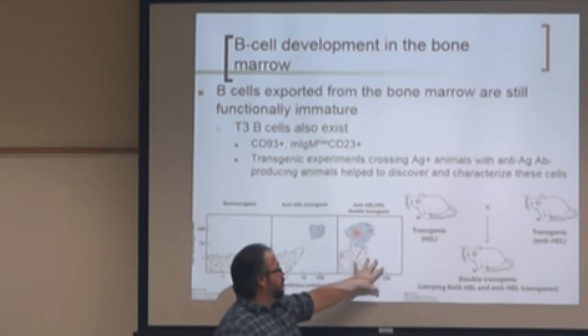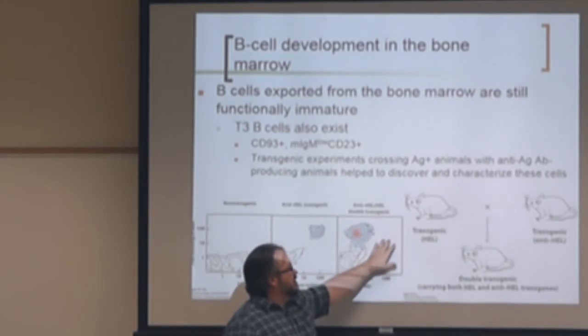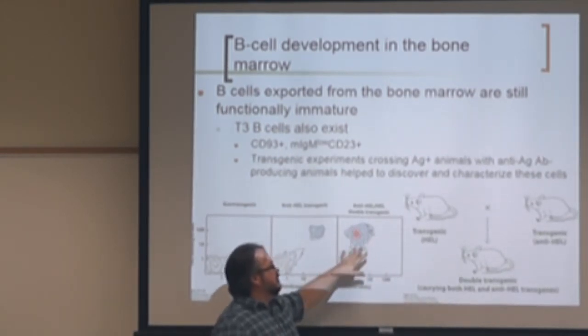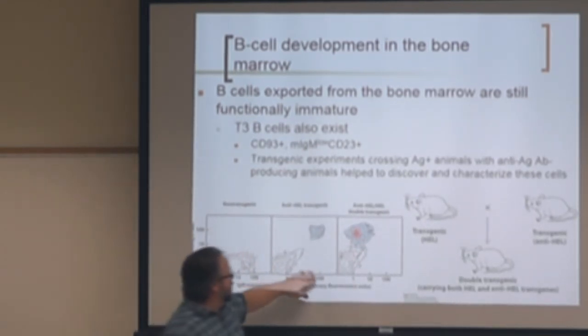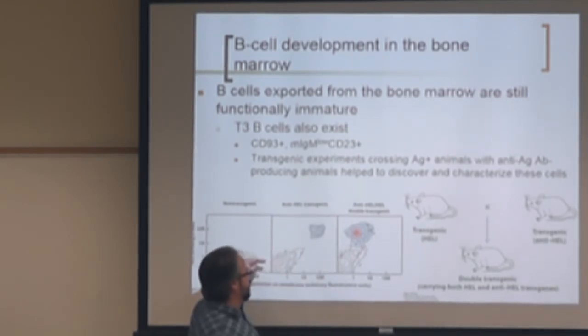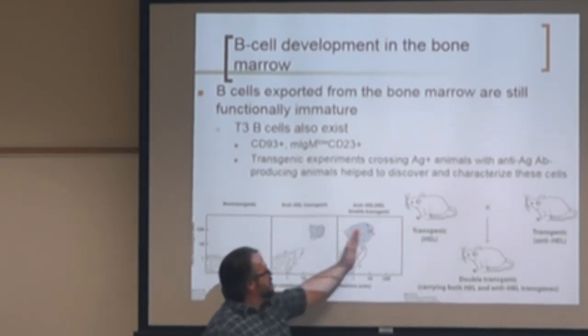Whereas if this animal makes lots of the antigen, you still get B cells out in the periphery, but they don't make IgM to any extent. So these are probably IgDs, and we know they're not IgM, because there's an antibody for IgM that is on this axis, red for example. So these are red and green, whereas these are only green.